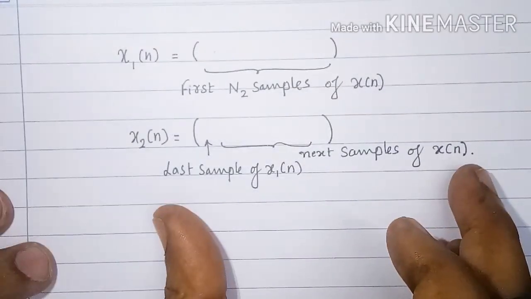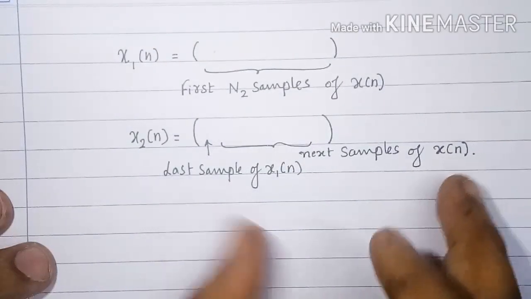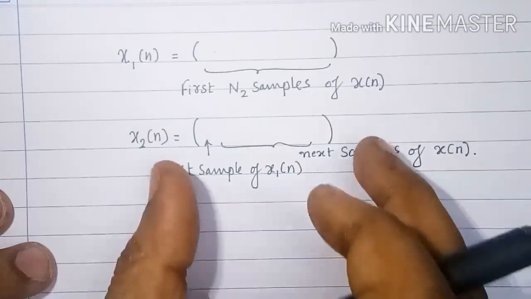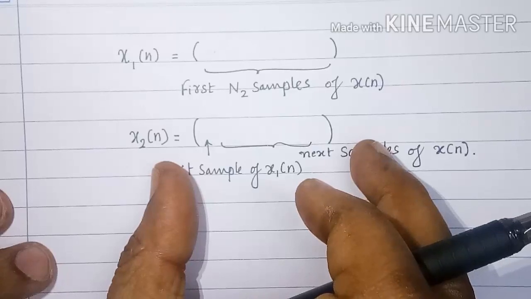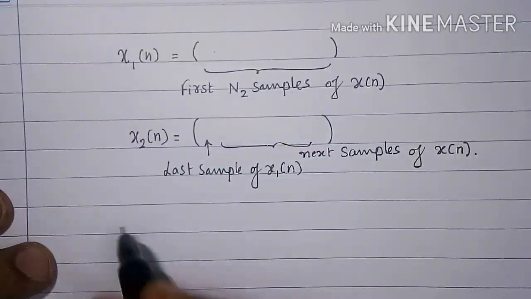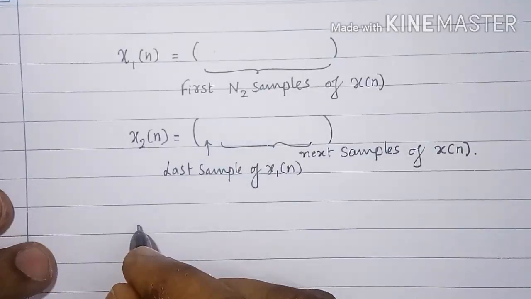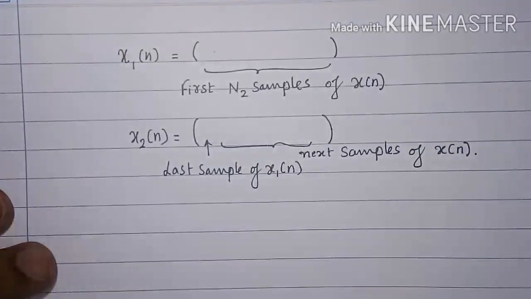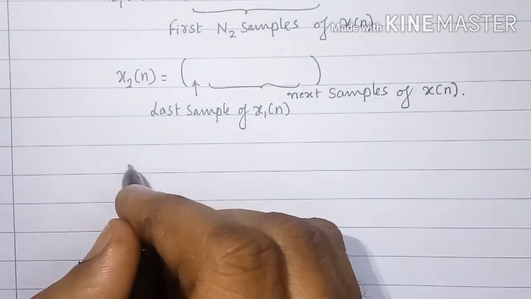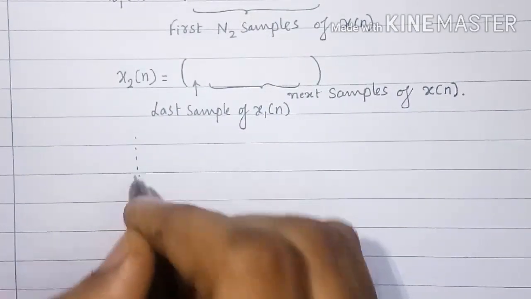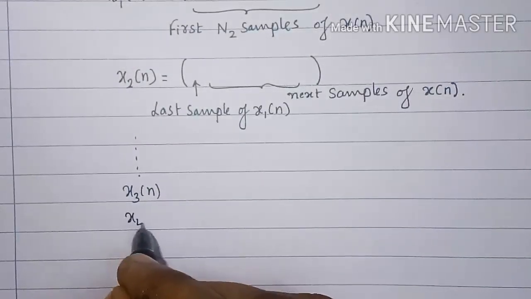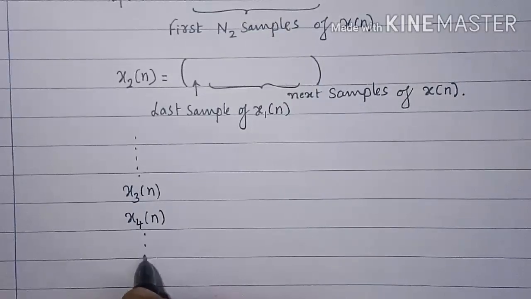But here we have to select the next samples of x of n such that the length of x2 of n will remain N2 only. Similarly, we have to write for x3 of n, x4 of n, and so on.